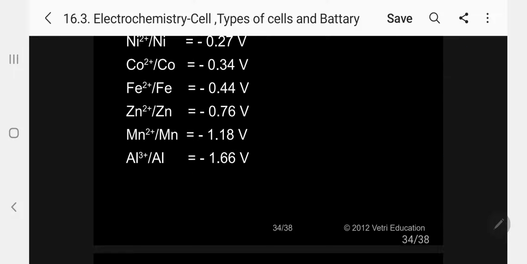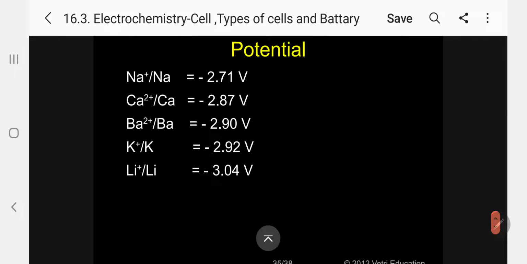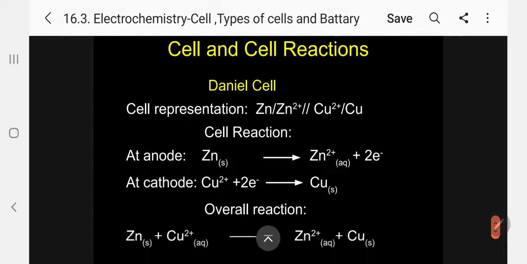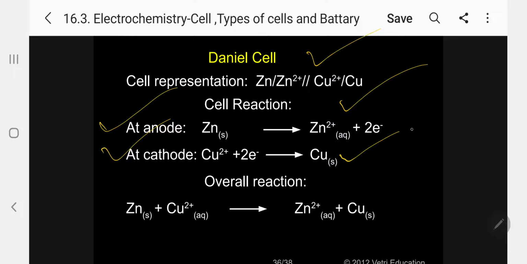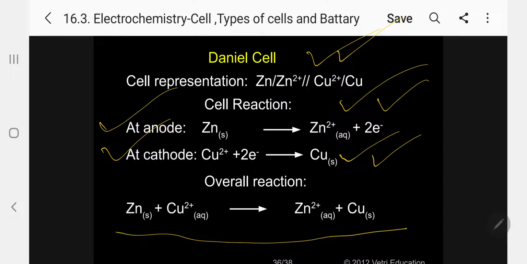Kindly follow. Now, one more important piece of information I want to give here. For example, in the cell representation, there is a cell. At the anode, this is the cell reaction. At the cathode, this is the cell reaction. This is oxidation, this is reduction, and this is the overall reaction. This is the overall representation. Kindly follow.